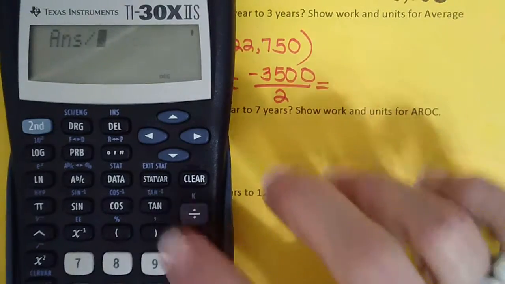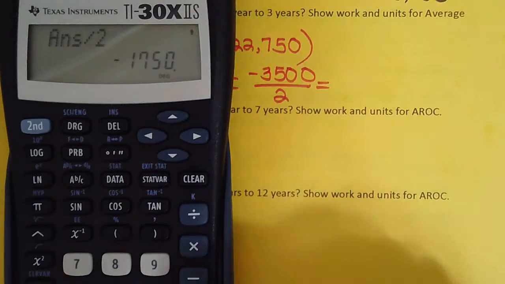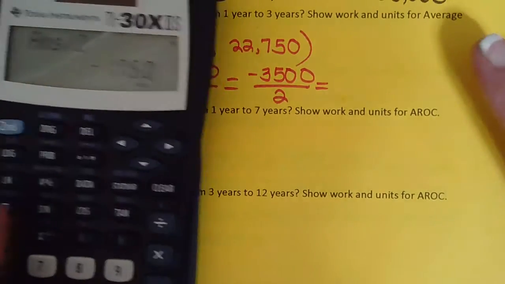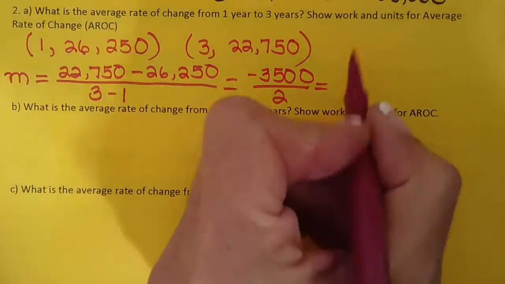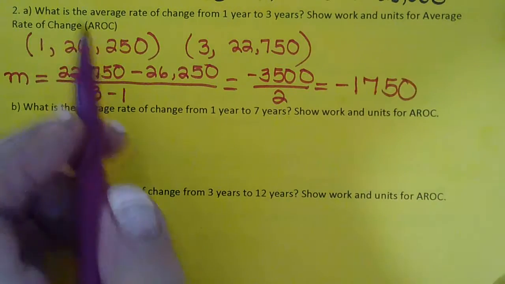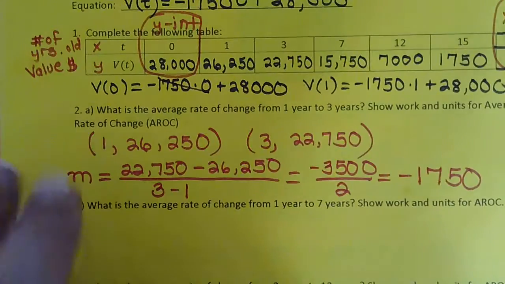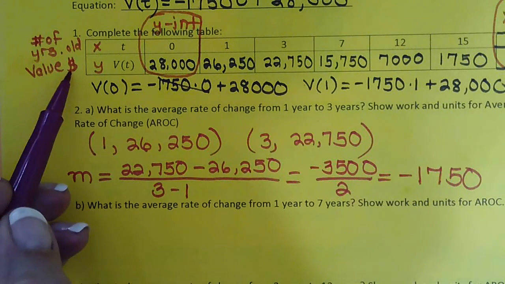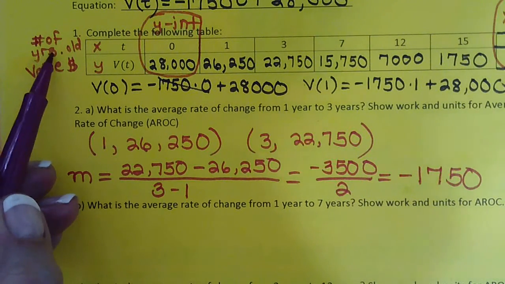So divide by 2. Oh, look at that. Wow. Who would have known? All of us, right? Negative 1750. And then remember, it's Y per X. So dollars per year.